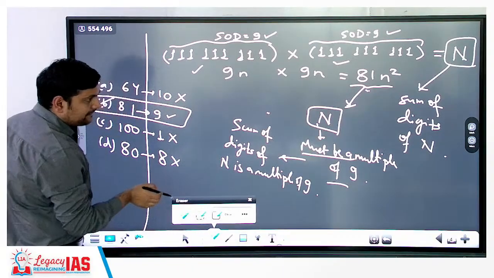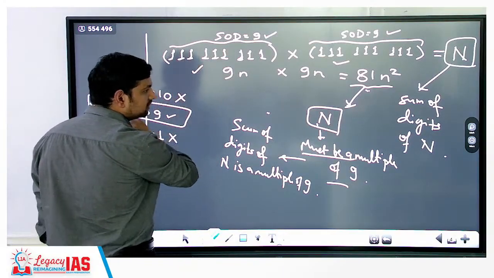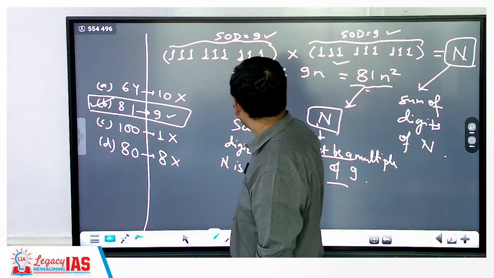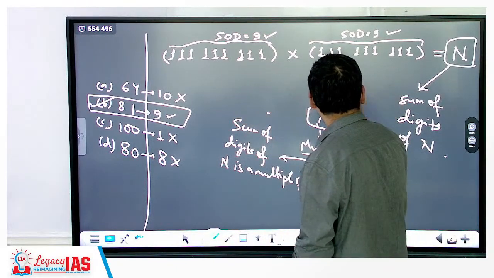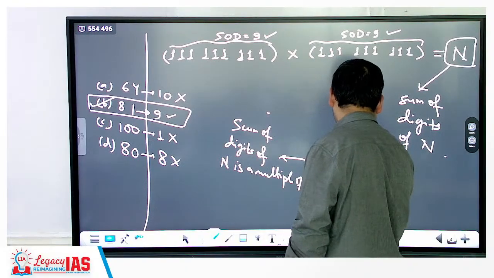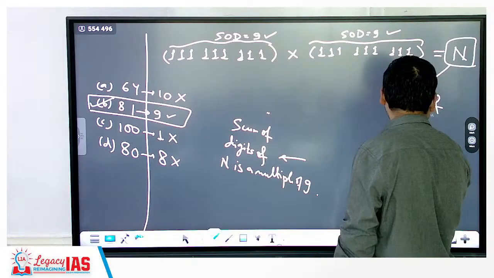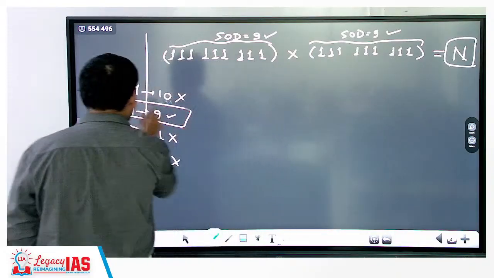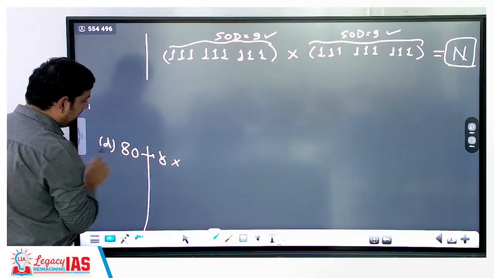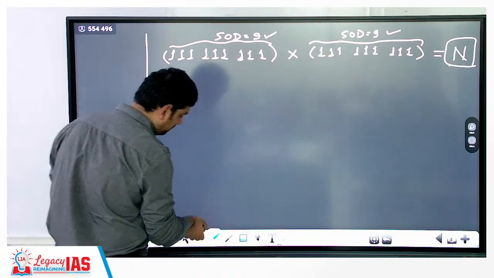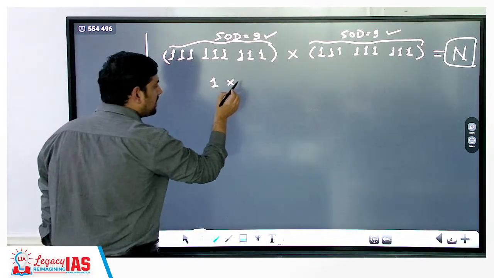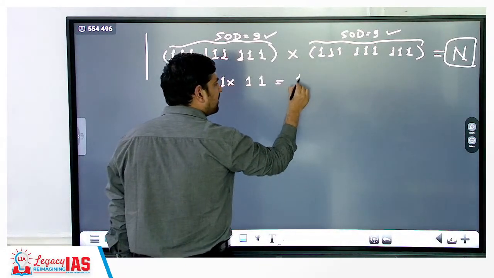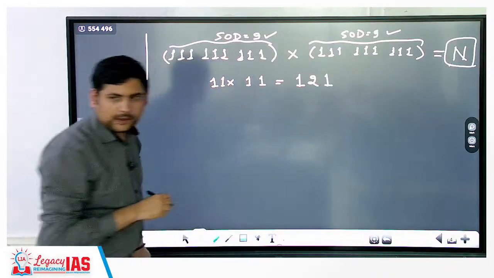Now see this pattern. Okay. 11 into 11 is 121.